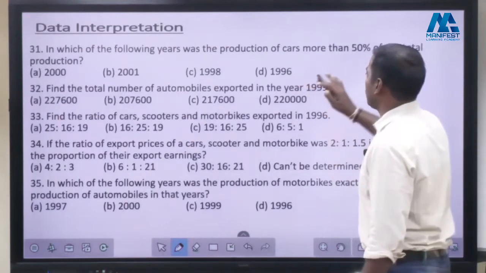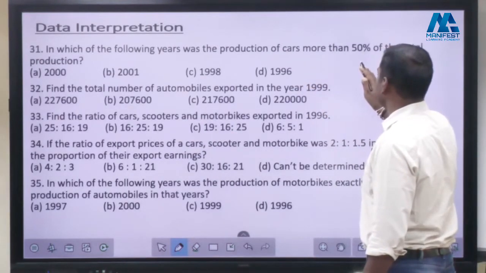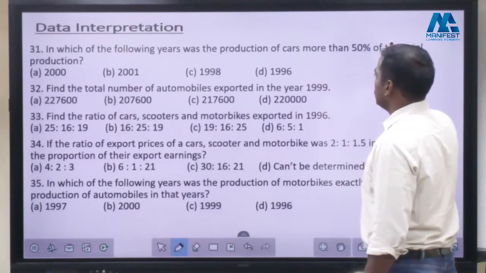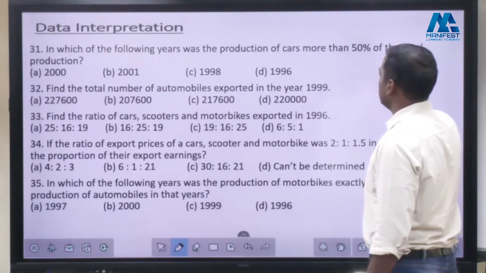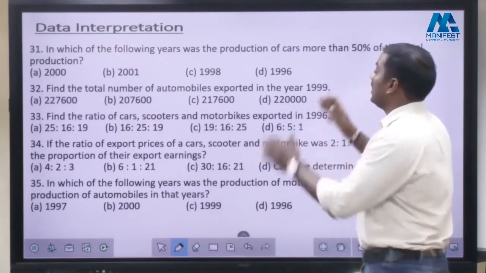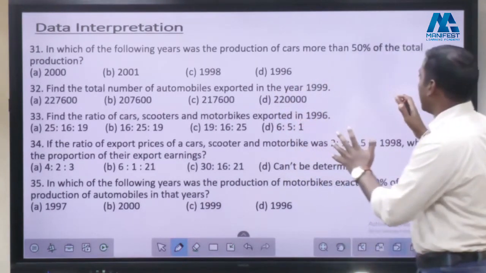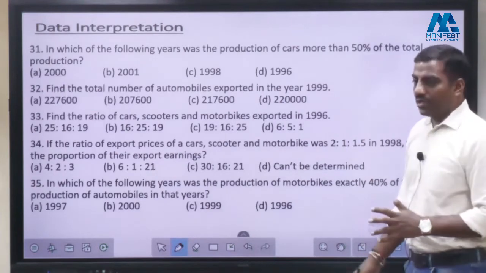In which of the following years was the production of cars more than the total production? Then we have to do what?